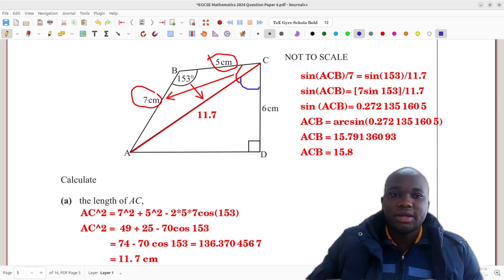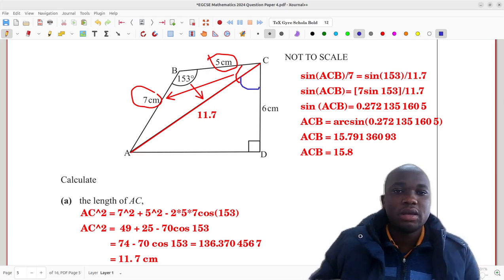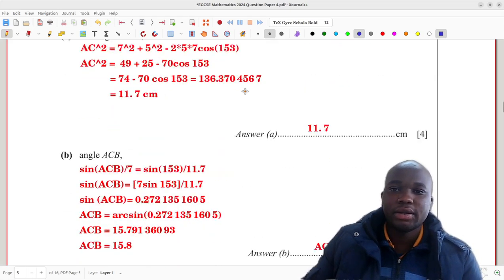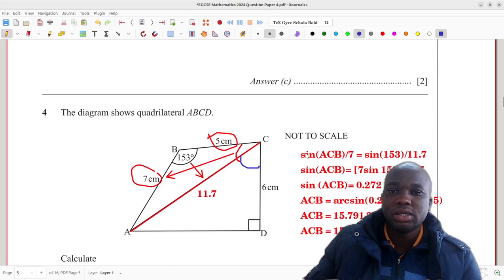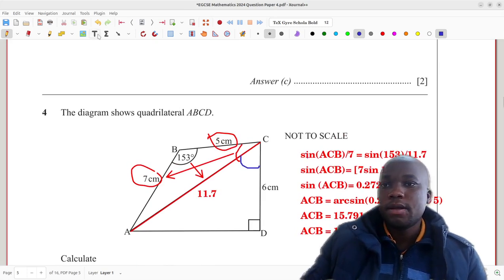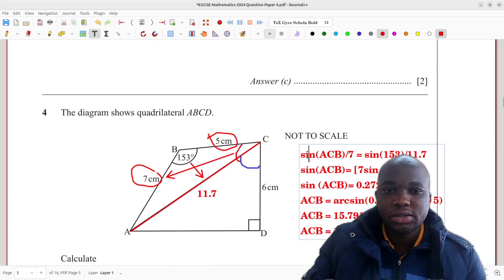So how do we find that angle? We have a right angle triangle, so we are going to use SOHCAHTOA.